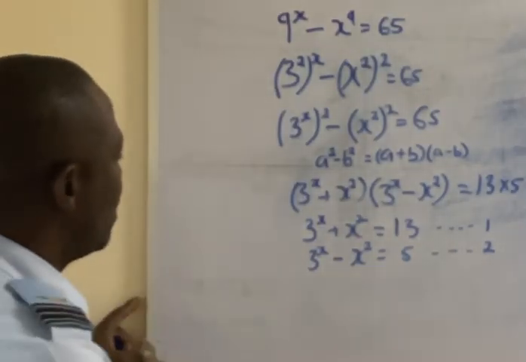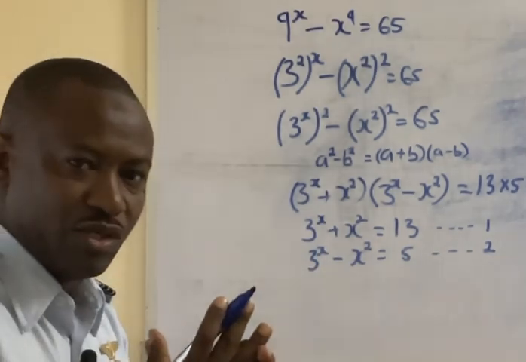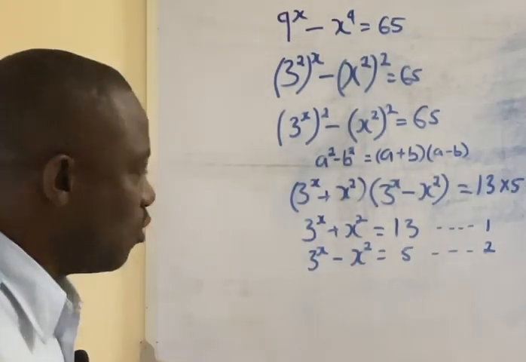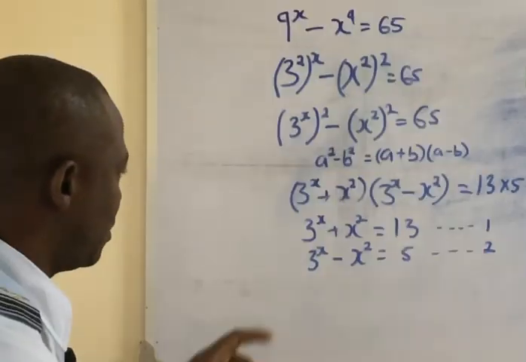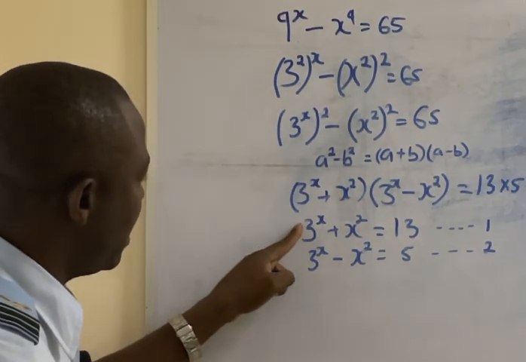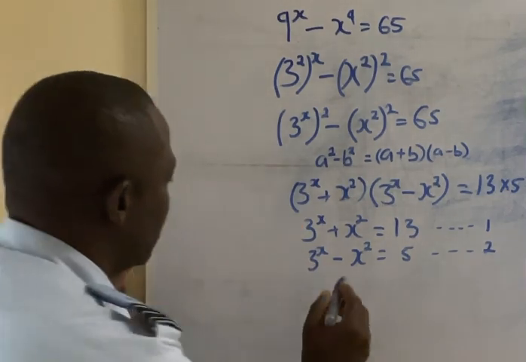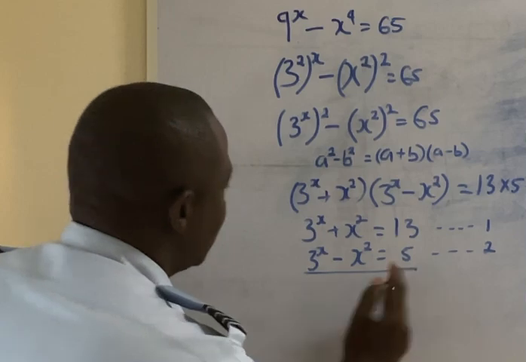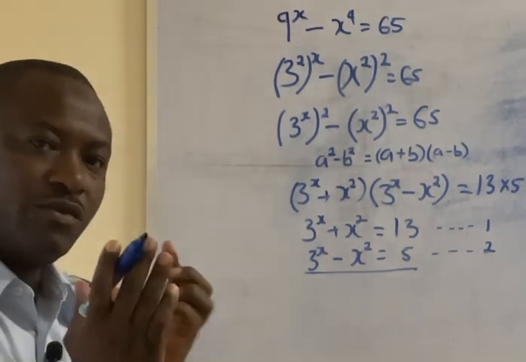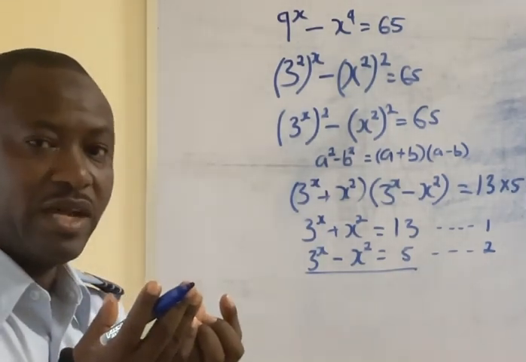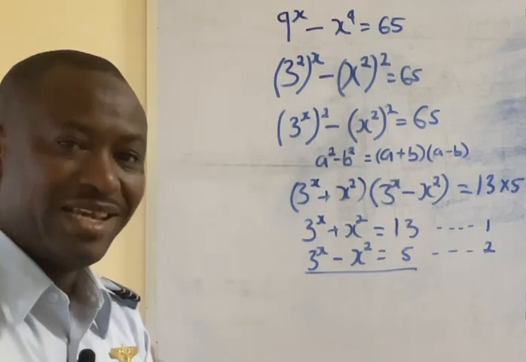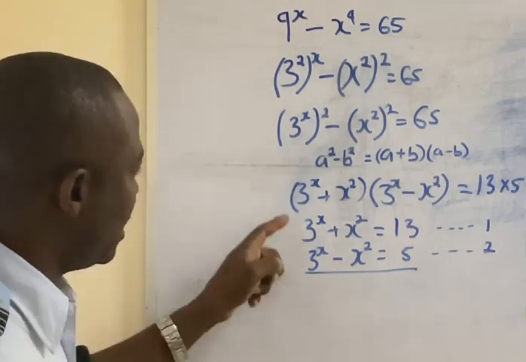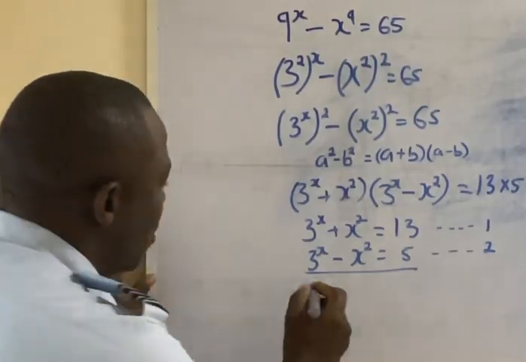Now, let's add the two equations together in order to eliminate one of the variables. So let's add 3 power x plus 3 power x. 3 raised to the power x plus 3 raised to the power x is going to give us 2 times 3 raised to the power x, because if you have a plus a, it's going to be 2a.